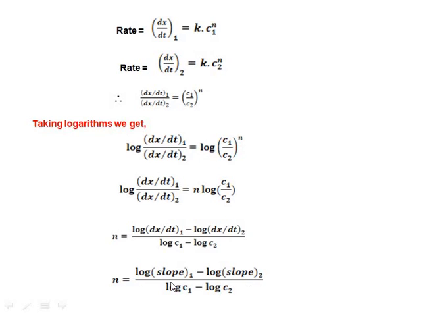Put this value of slope 1 and slope 2 here, and calculate the order of reaction, taking the concentration C1 and concentration C2, right?